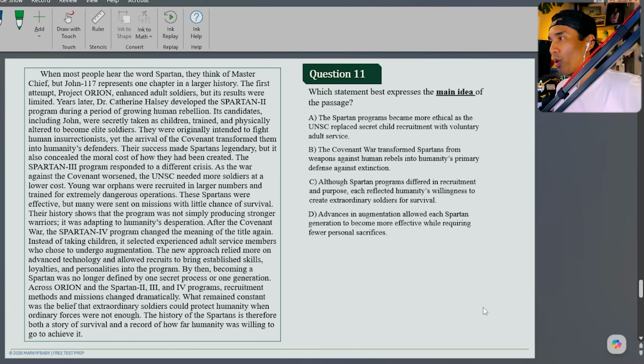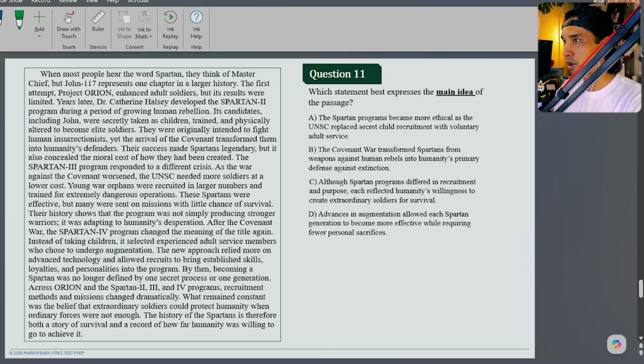Okay, question 11. Which statement best expresses the main idea of the passage? Remember, the main idea answer must cover the entire passage, not merely one accurate event, or in this case, one Spartan generation. Because if you took some mental notes, this was about the Spartans, right?